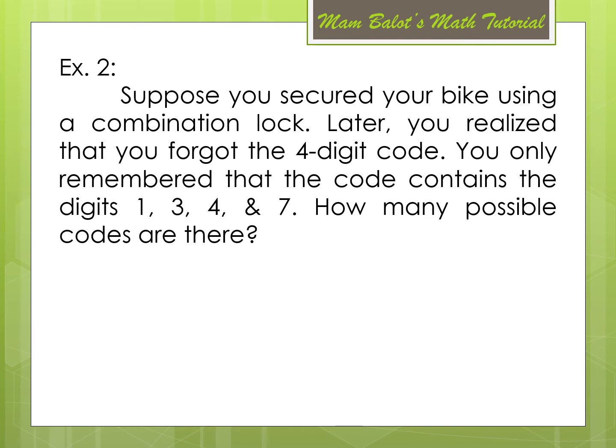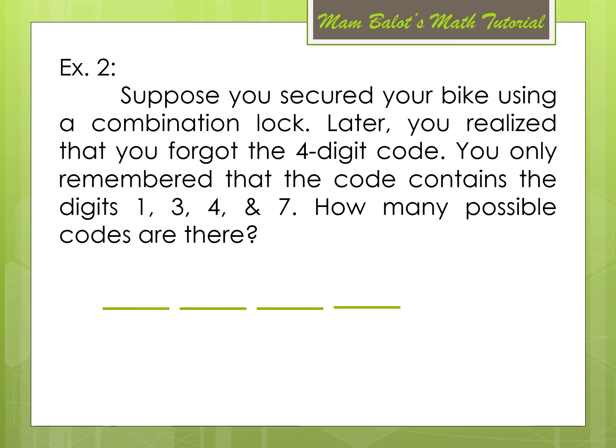Another example. Suppose you secured your bike using a combination lock. Later, you realized that you forgot the 4-digit code. You only remembered that the code contains the digits 1, 3, 4, and 7. How many possible codes are there? From this situation, we have to multiply 4 different choices.